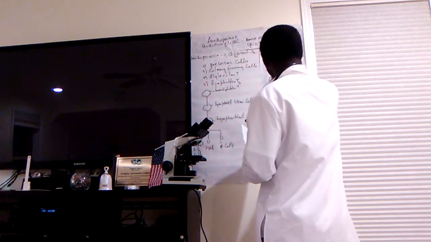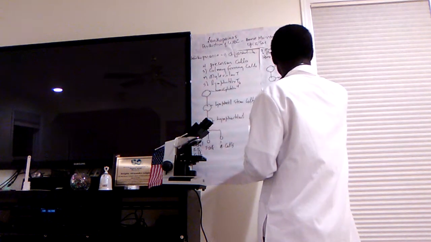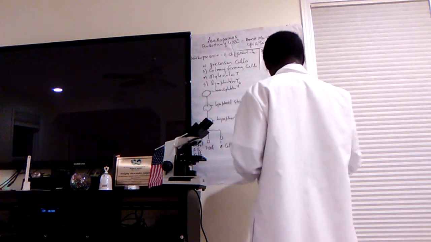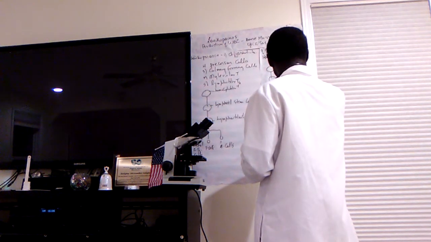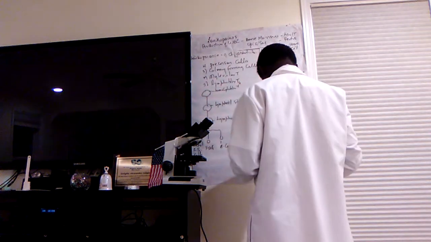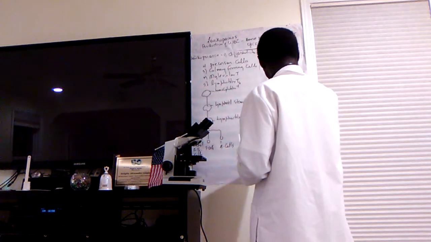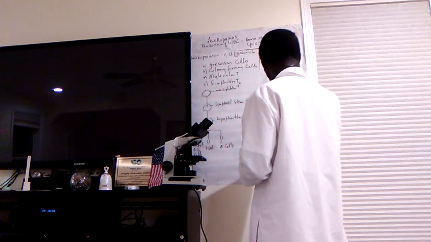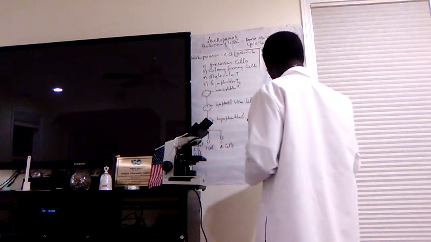It goes to a myeloid stem cell, into the myeloblast, and further differentiates now into basophils, eosinophils, and neutrophils.